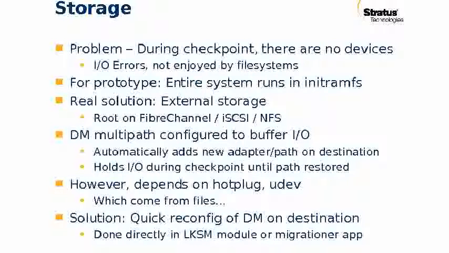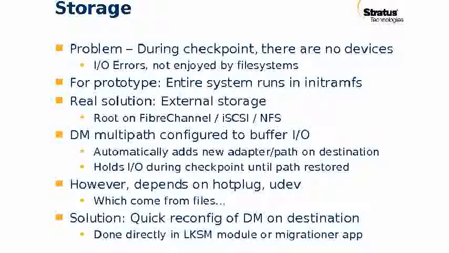However, all that wiring depends on user space stuff like hotplug and udev, which come from files, which won't be there if there's no I/O. So our hack to get around this is that on the destination we do a quick reconfig of DM.